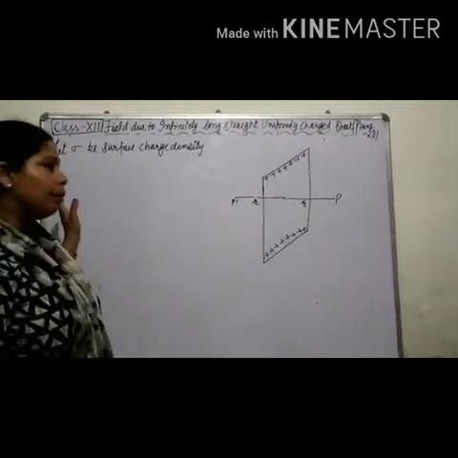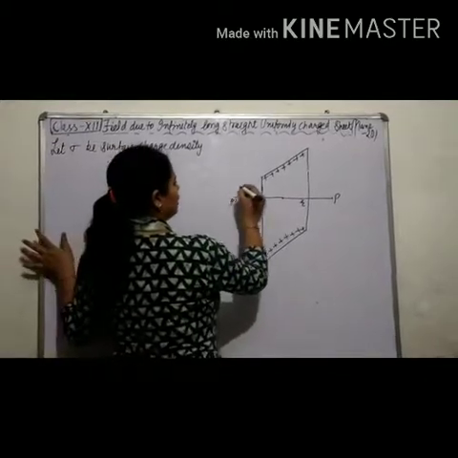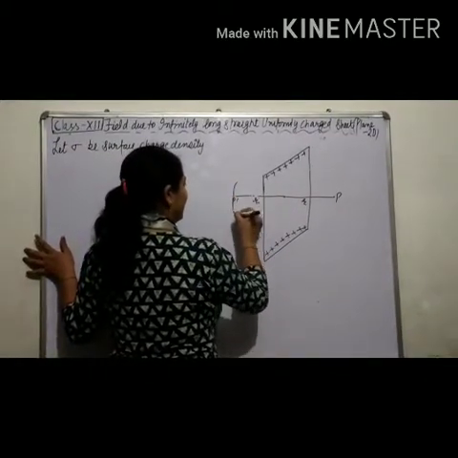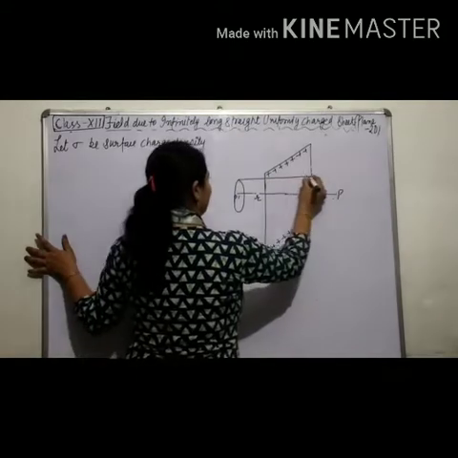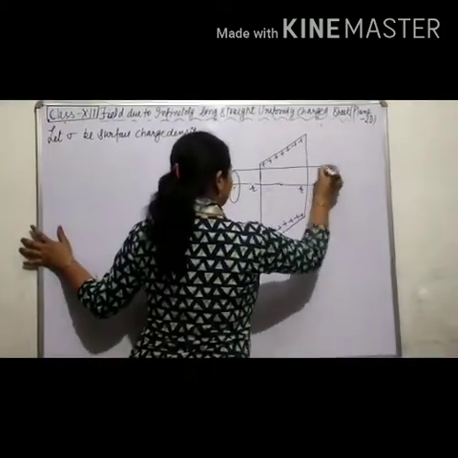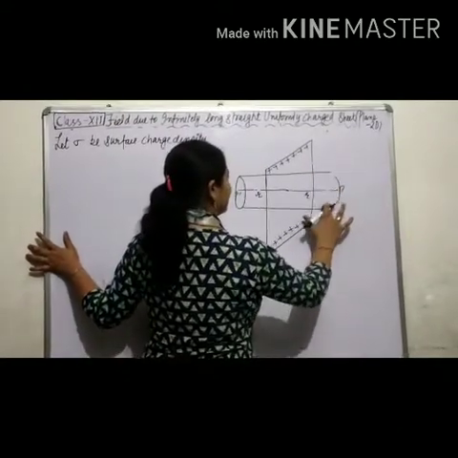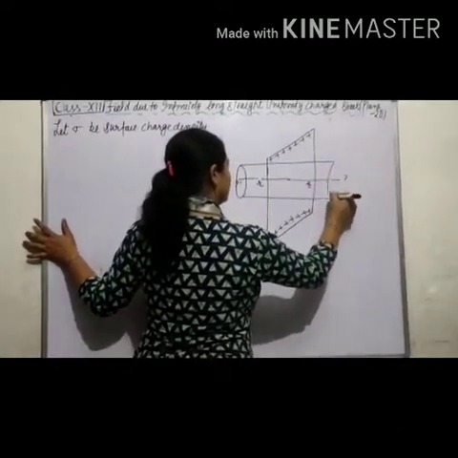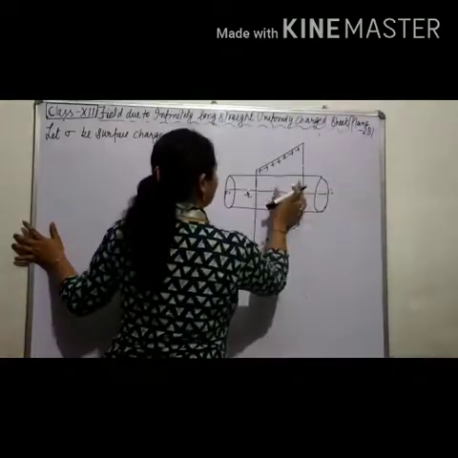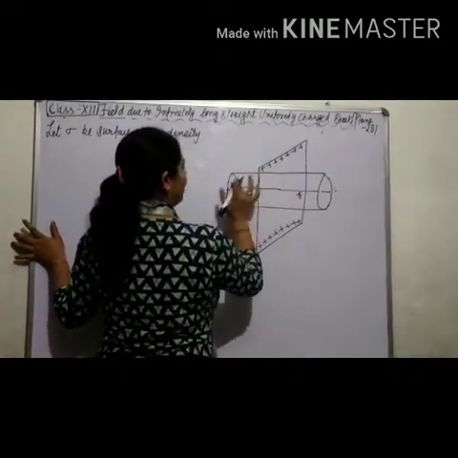Now we have to consider a cylindrical surface having area A and length 2r. R is along one side and the second r is along the other side, combining to give total r plus r, 2r.